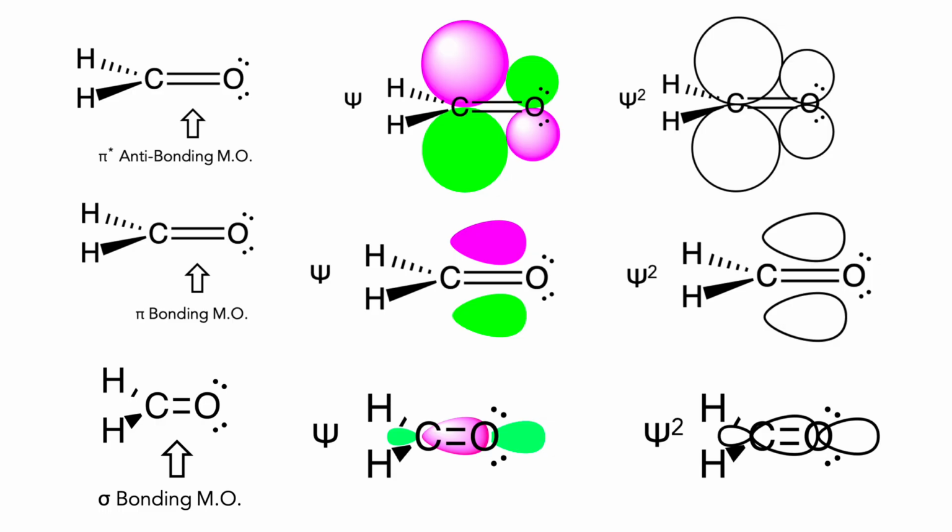Sigma bonding will be associated with 0 planar nodes, while pi bonding will be associated with 1 planar node. Of course, in order for that pi bond to exist, those phases must be in phase, constructively interfering with each other. And so you can see that pi bond in formaldehyde.